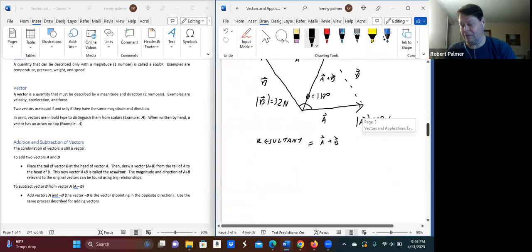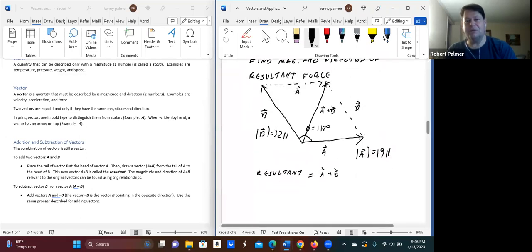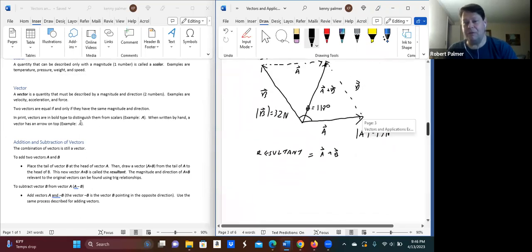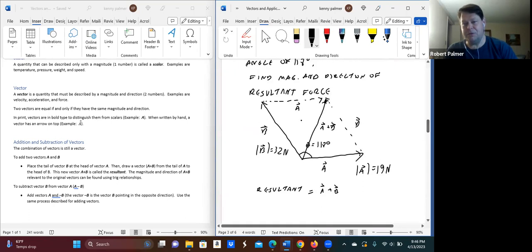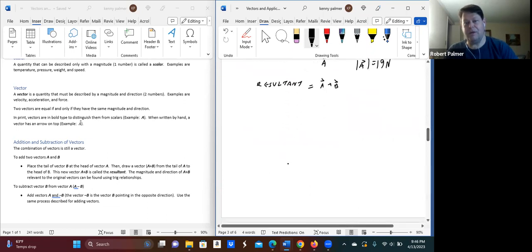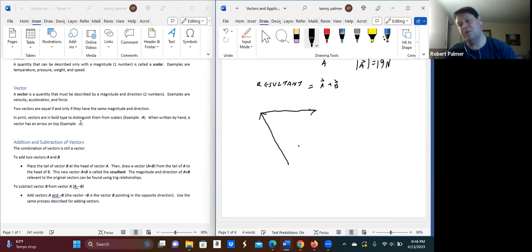So let's back up a bit and take a look at this. Let's take either this triangle or this triangle and redraw it. So we have this. Okay, so this side was 32 newtons.